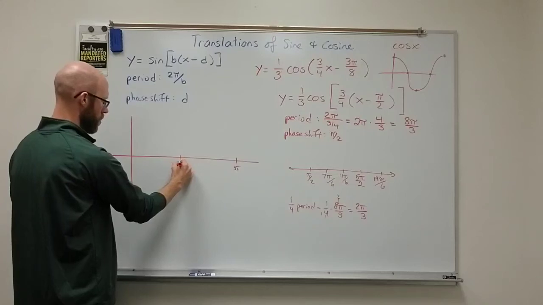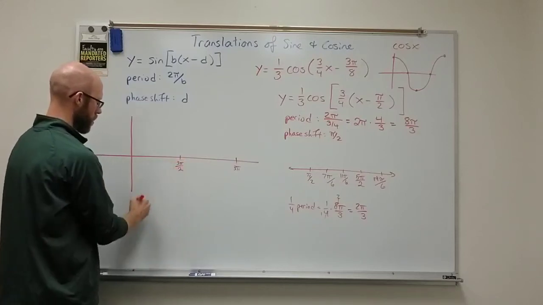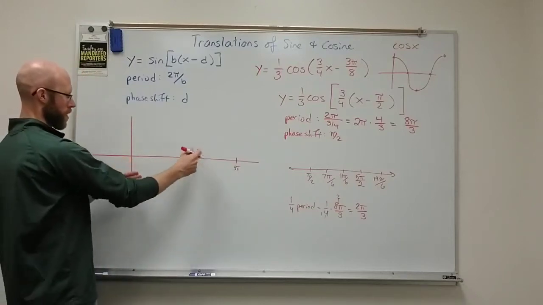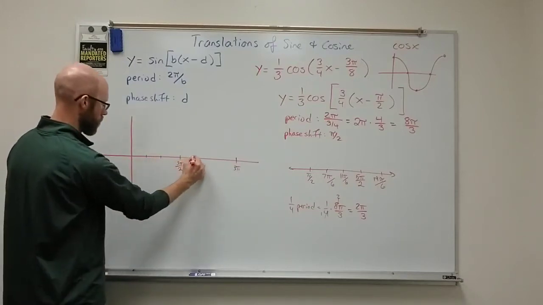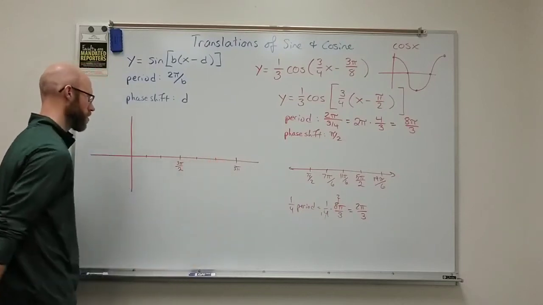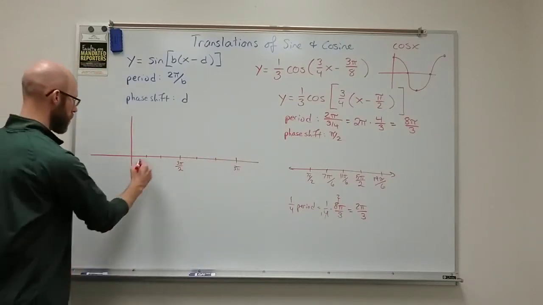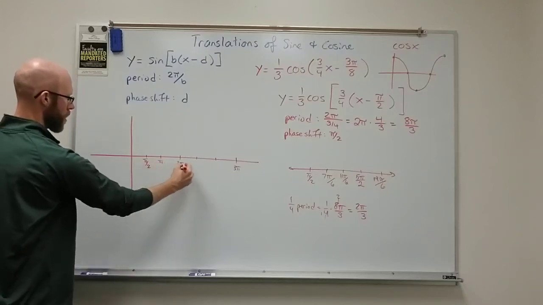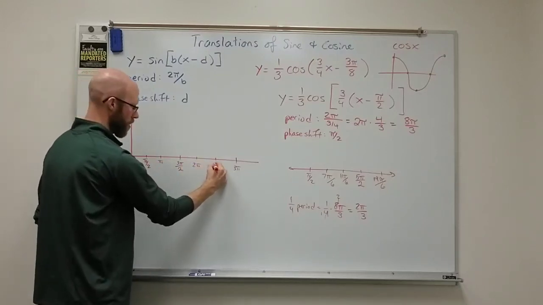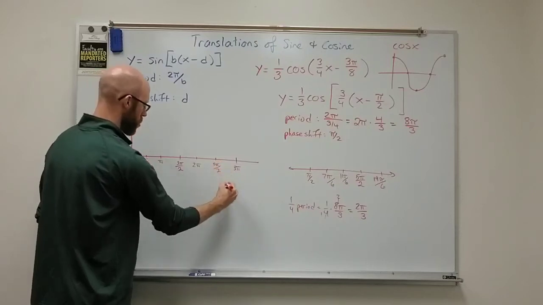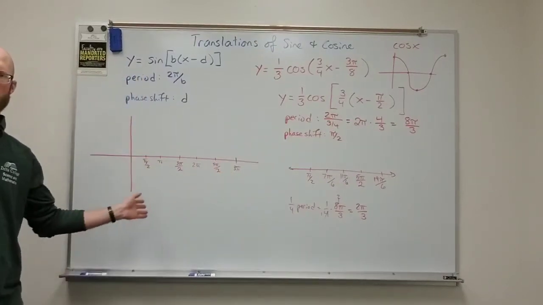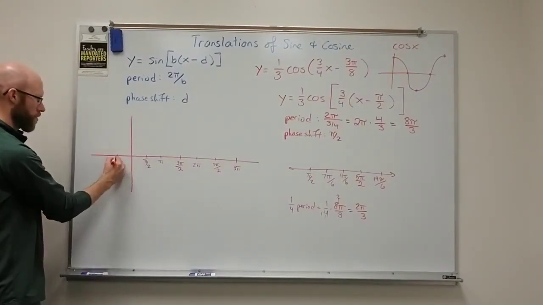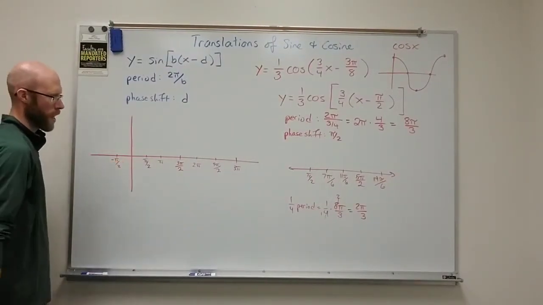And cut that into, let's see, I said 6, right? So if I cut that, I've got thirds here. Thirds and thirds. Okay, so this will be pi over 2, pi, 3 pi over 2, 2 pi, 5 pi over 2, and 3 pi. So it's increasing by half a pi on my scale. Of course, you could have negative pi over 2 and so forth going left.